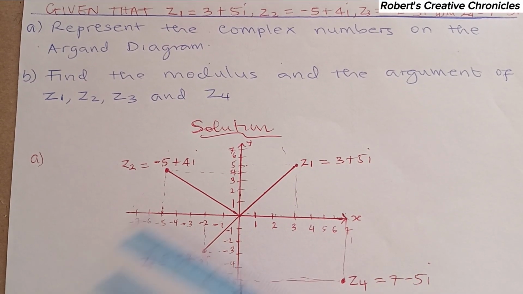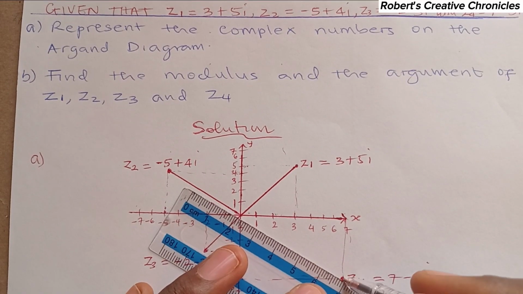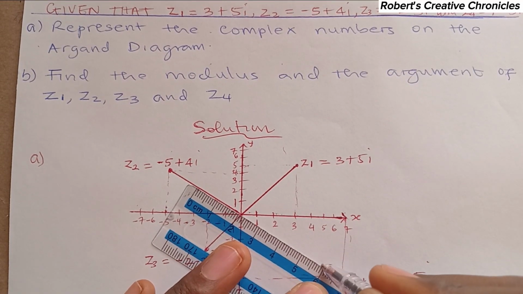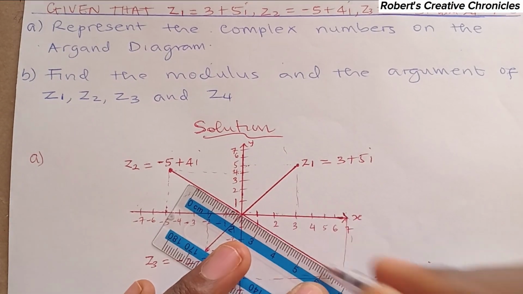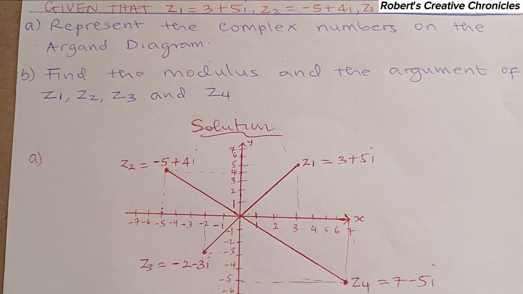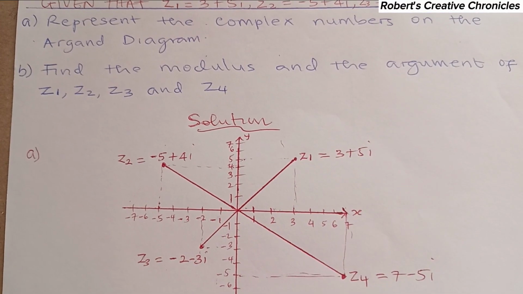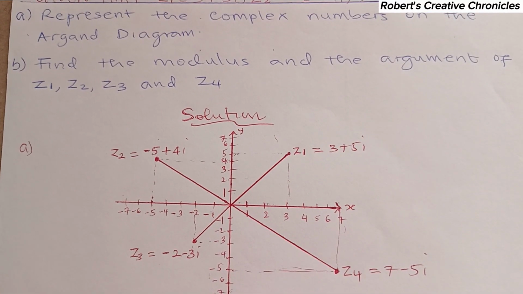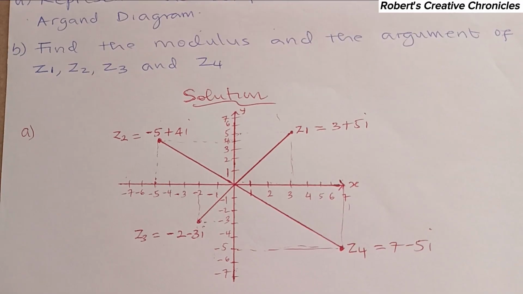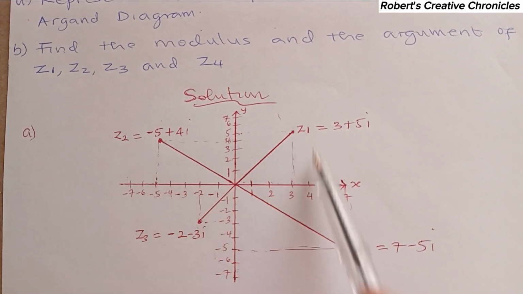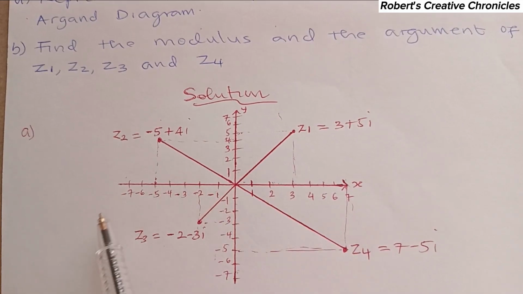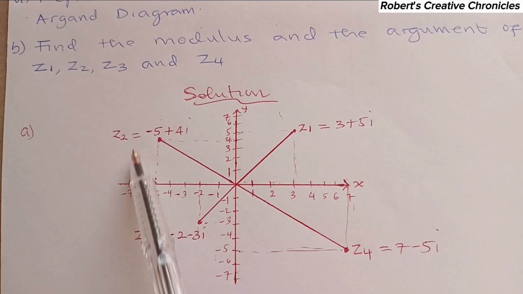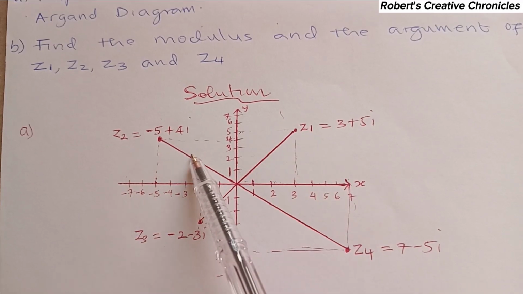Then you join it. So this is z4. So this is the Argand diagram, which is showing all the 4 complex numbers.